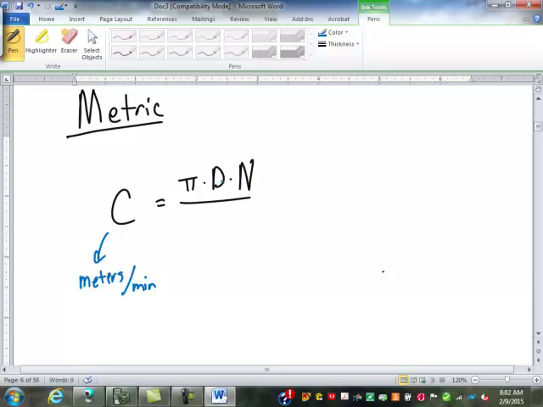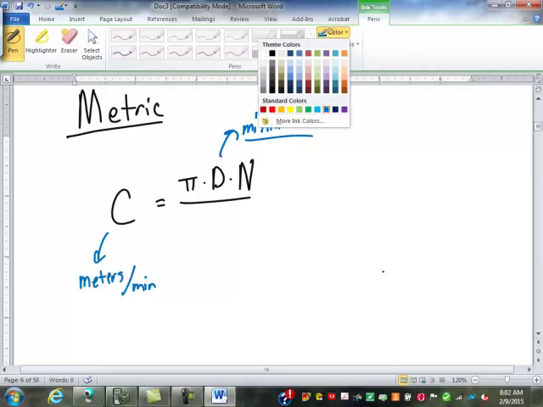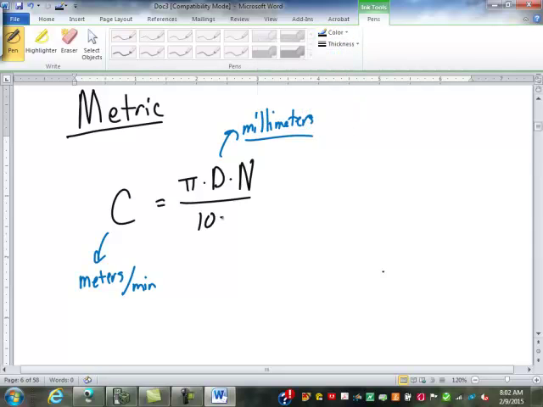The diameter will generally be measured in millimeters. We're used to using centimeters because they're closest to our inch, but outside of the United States, the centimeter doesn't get used very much. It's usually millimeters and meters. How do we convert from millimeters to meters? Divide by 1,000. So instead of dividing by 12 to go from inches to feet, we're dividing by 1,000 to go from millimeters to meters.